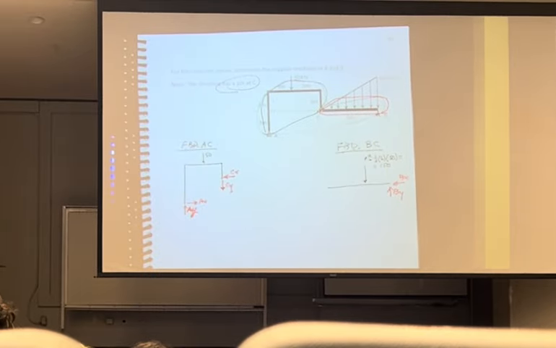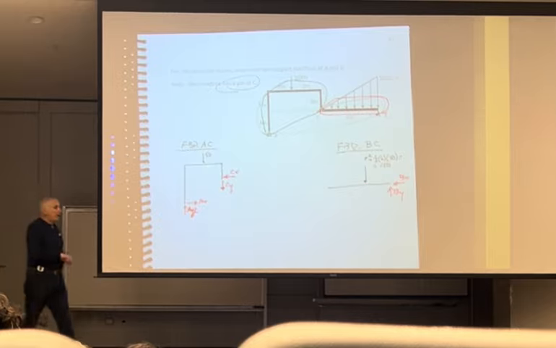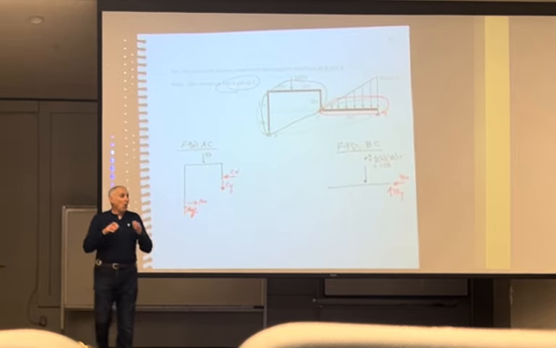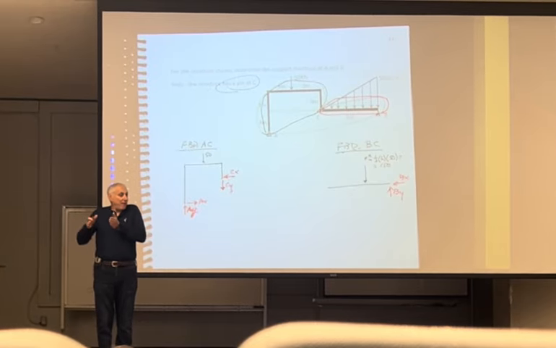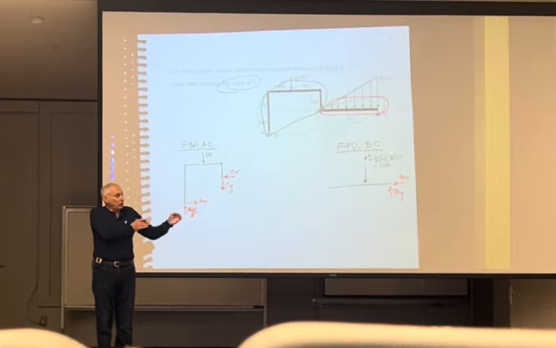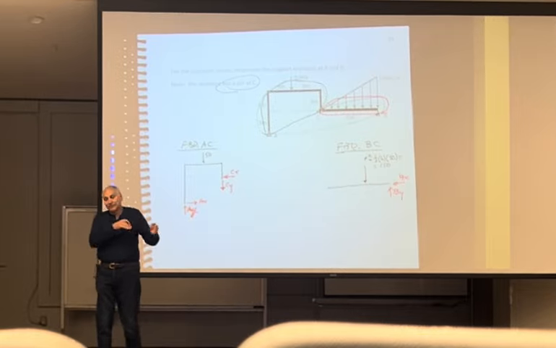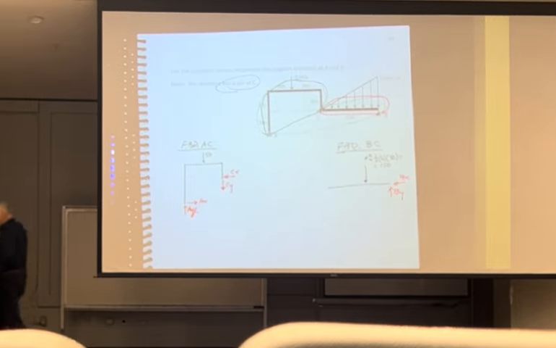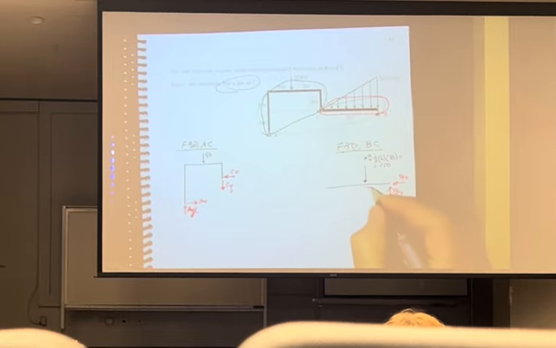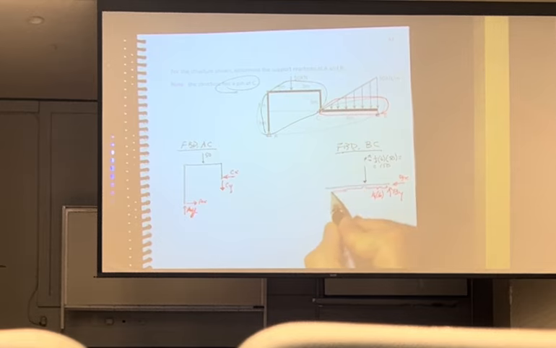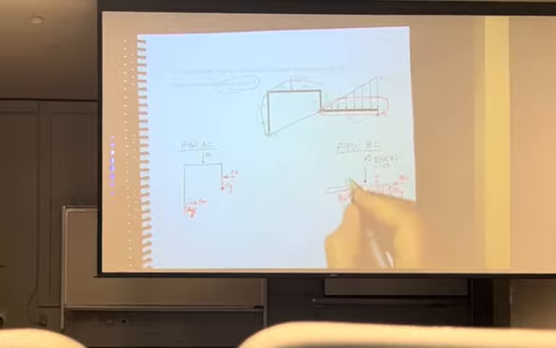Where is it acting? Well, it's a triangular load. Again, triangular load, 1/3 from the fat end or 2/3 from the skinny end. So it would be from here to here, 1/3 of 6, or from here to here, 2/3 of 6. 1/3 of 6 is 2, 2/3 of 6 is 4.